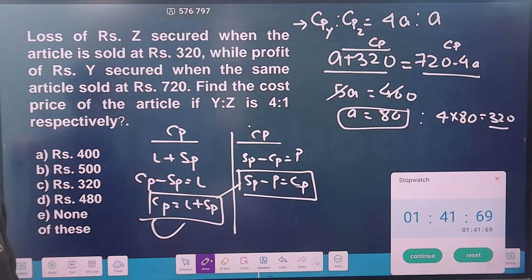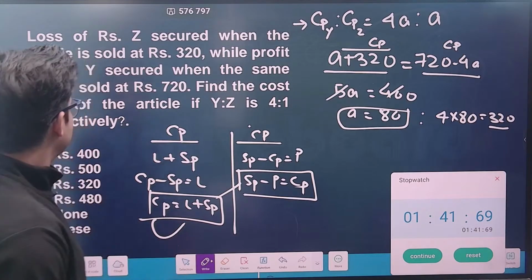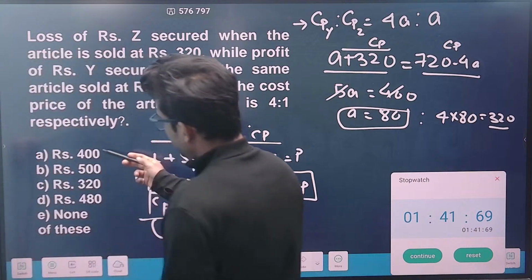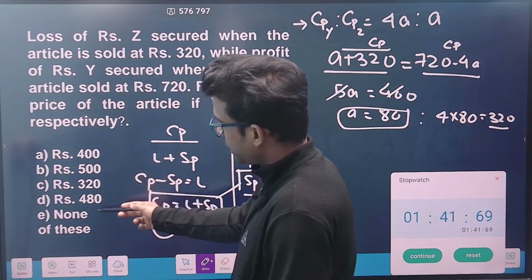Now let's try and understand what they're asking. They're asking to find the cost price of the article. The options are basically 400, 500, 320, 480 and none of these.